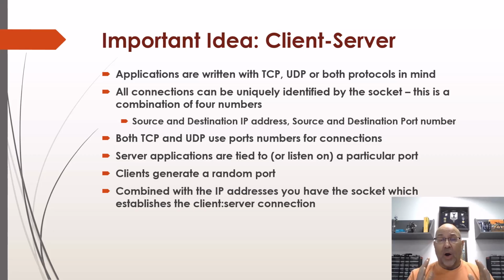Now, all connections in the internet, all of them, can be uniquely identified by 4 numbers. And those 4 numbers are the source and destination IP address and the source and destination port numbers. Those 4 numbers together, there's no way, unless you really work hard at it, to duplicate those between TCP or UDP connections. So they uniquely identify a connection. Those numbers, combined with whether or not it's TCP or UDP, constitute the socket.